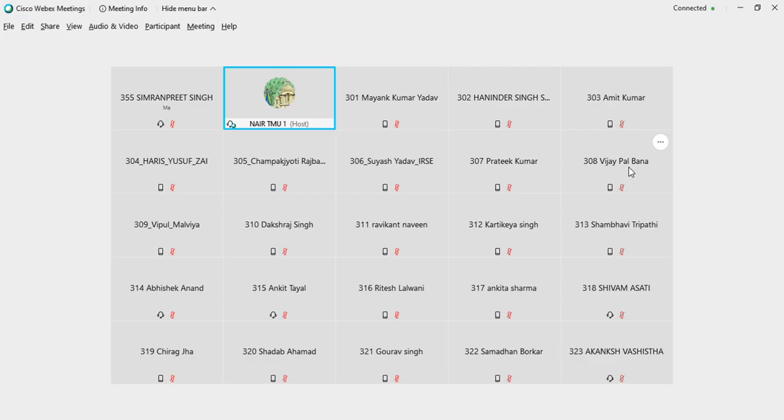There are basically two families of coaches which are working on the Indian Railways. One is called the ICF family, and second is called the LHB family.